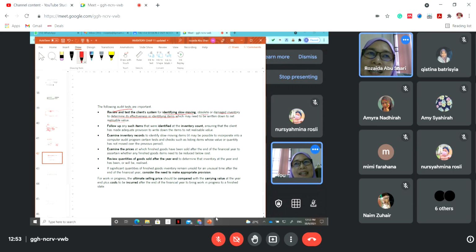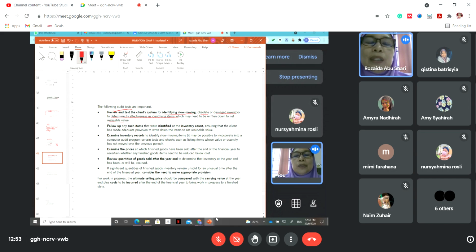You will see one corner that they put the markdown item. Okay, markdown item. So dia kata harga kurang daripada cost. So that is the NRV lower than cost. So what you should do is you perform the test.